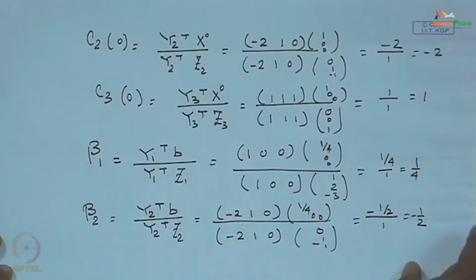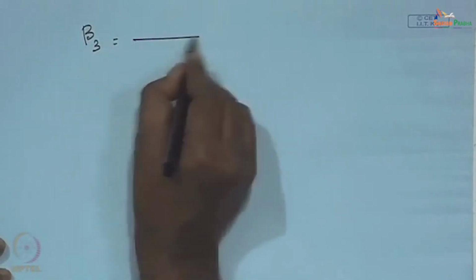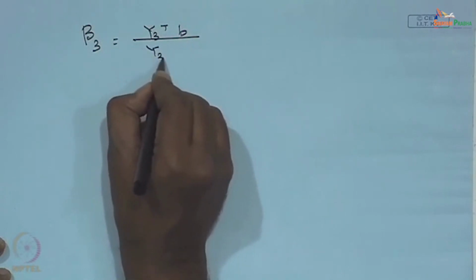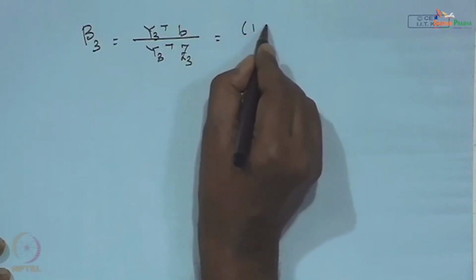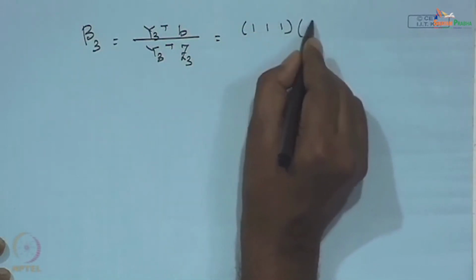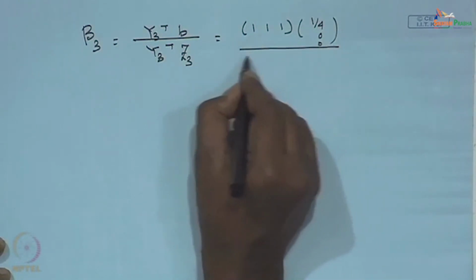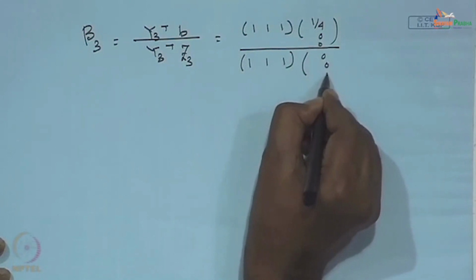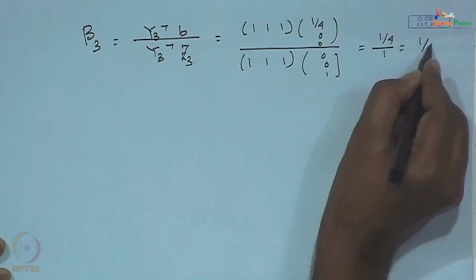Similarly, we can have beta3. Beta3 is y3 transpose b divided by y3 transpose z3. So, this will be [1, 1, 1] times [1/4, 0, 0] divided by [1, 1, 1], that is y3 transpose, times [0, 0, 1], and this will be 1/4 divided by 1. So, it will be 1/4.